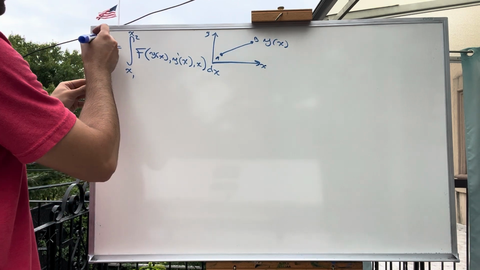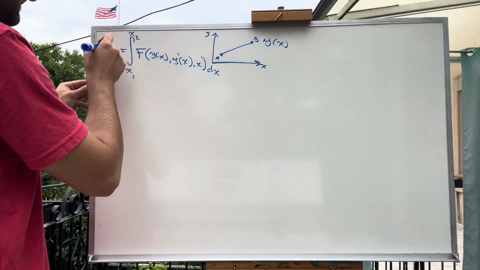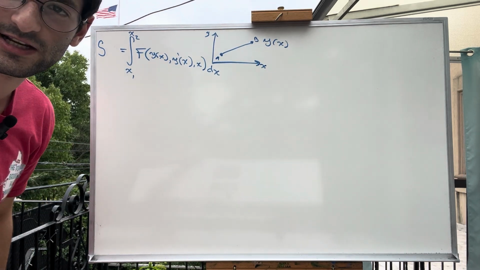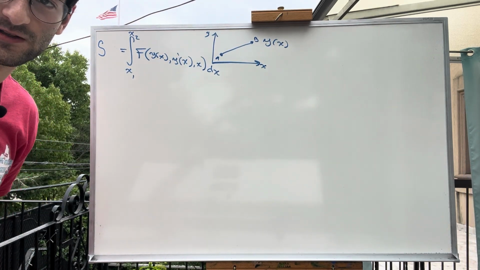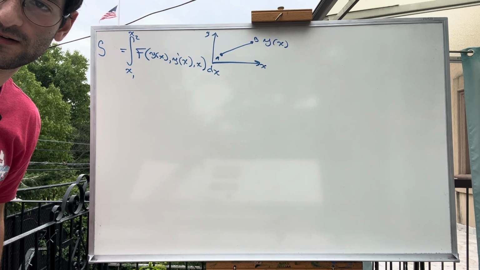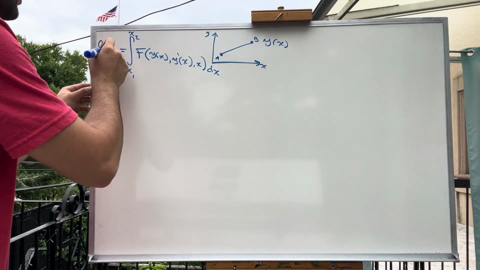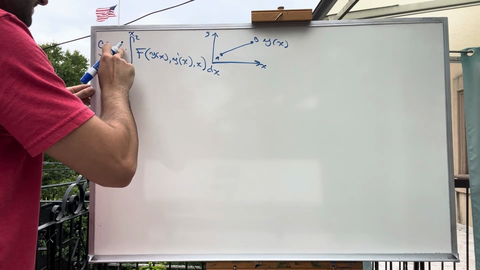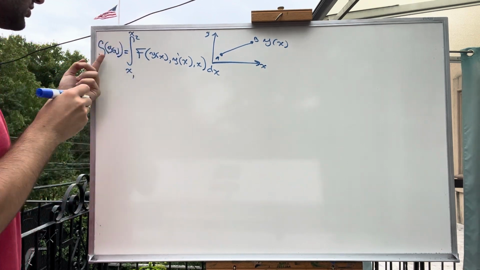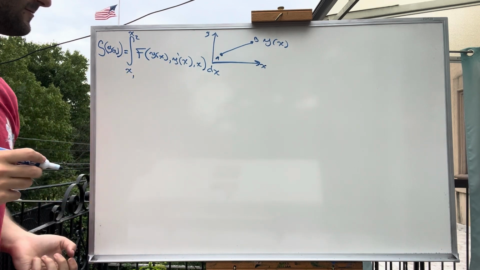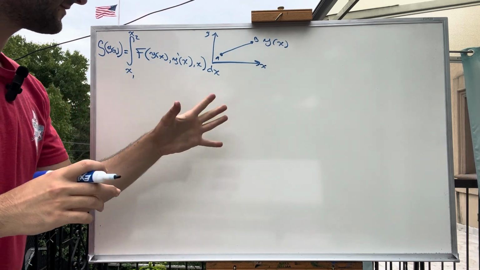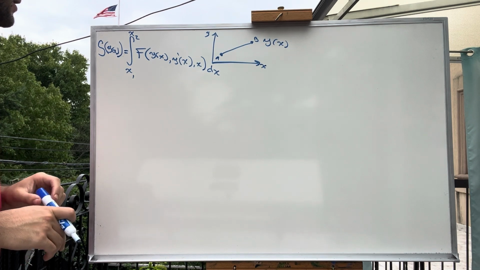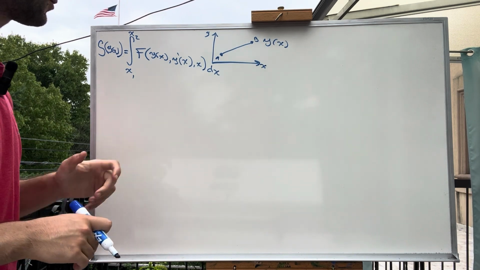Why? Well, concerning the optimization of the path concerned, in this case, the minimum path from point A to B, we wanted to solve for what y of x, when plugged into this functional, gives us the shortest distance from A to B.